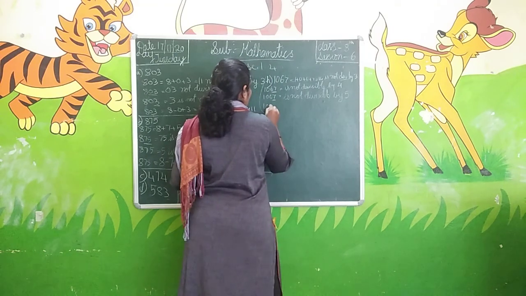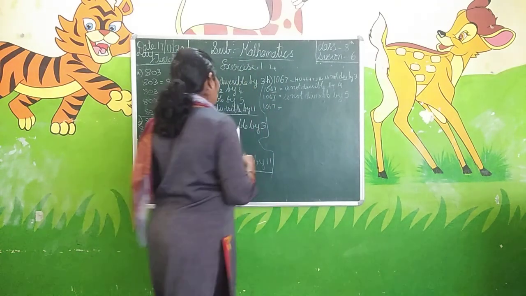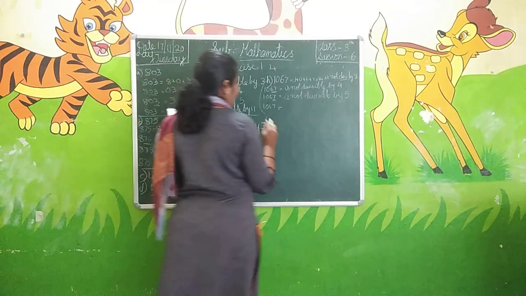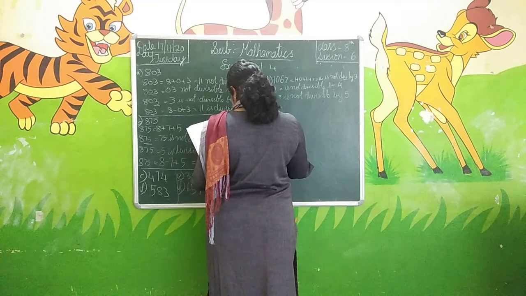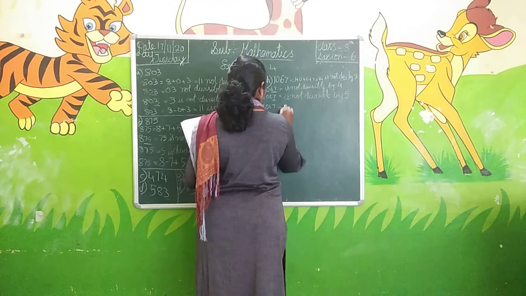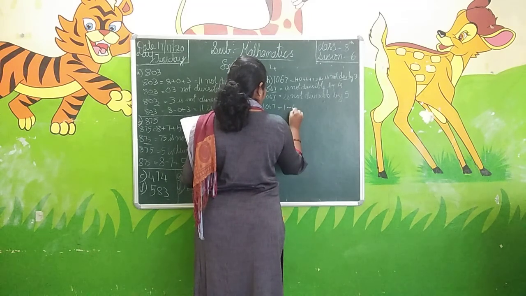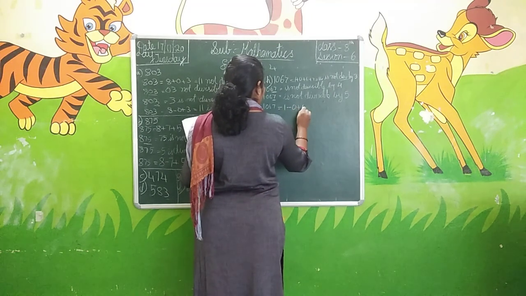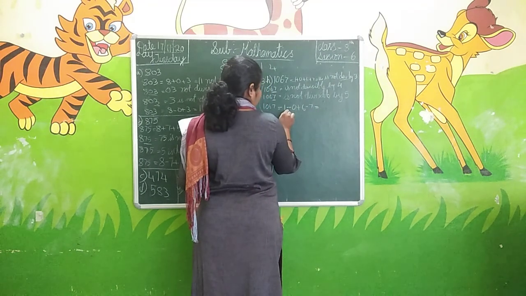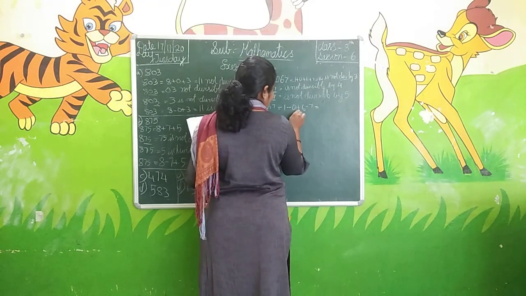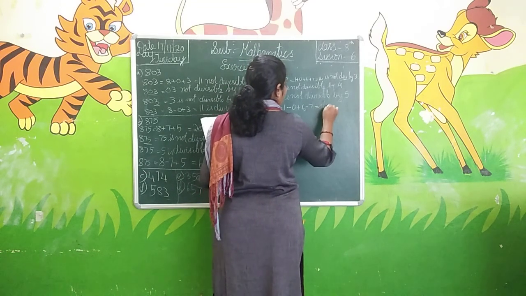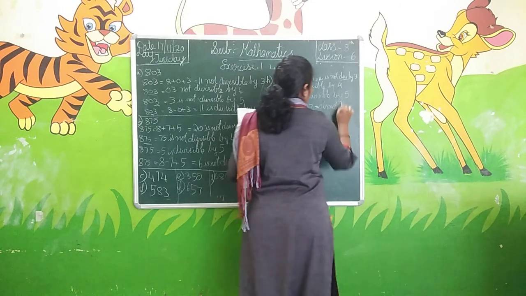Next, 1067. In this, how should we do it? One subtraction, one addition. 1 minus 0 plus 6 minus 7. 1 minus 0 is 1 itself. 1 plus 6 is 7. 7 minus 7 is how much? 0.